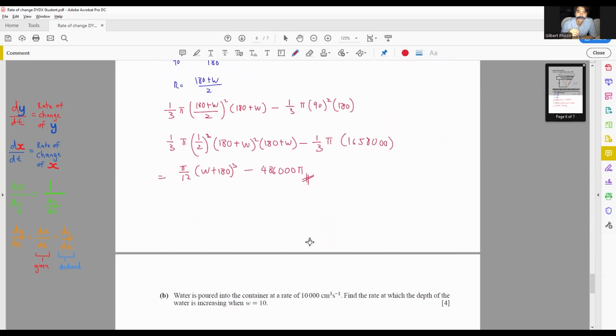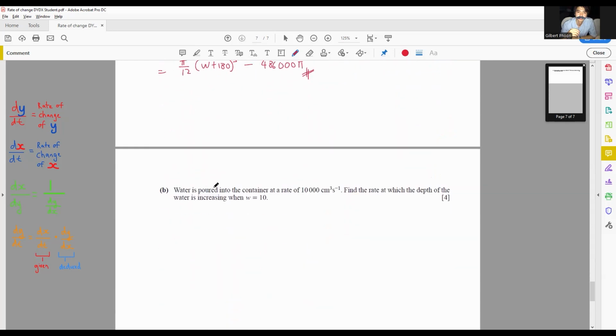Then using the information here, water is poured into the container at a rate of 10,000 cubic centimeters per second. Find the rate at which the depth of water is increasing when W is equal to 10. Now, once again, this is volume over time.